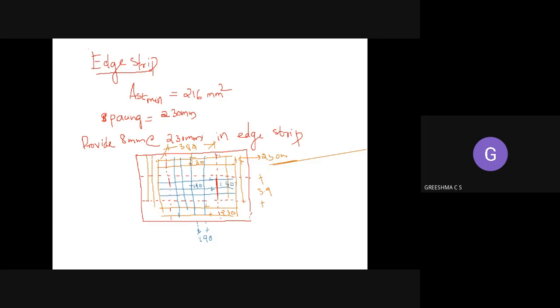Okay, so now we can start. Check for shear. The check for shear is the same method; refer to code page number 73, 74.